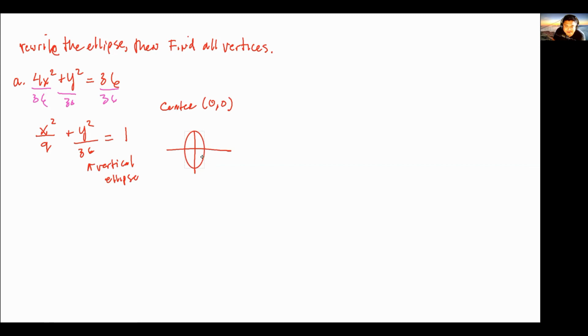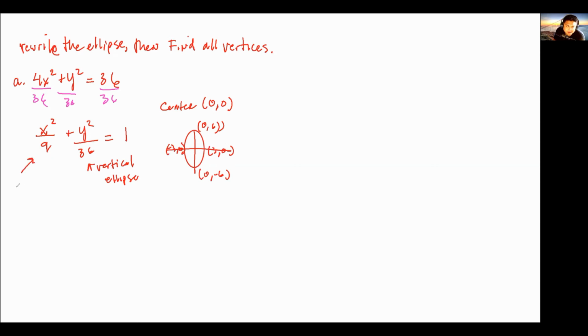Boom. This would be 0, 6, 0, negative 6, 3, comma 0, negative 3, comma 0.